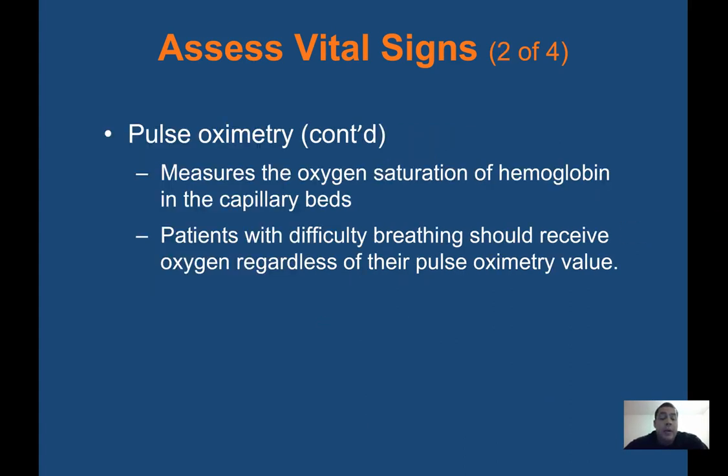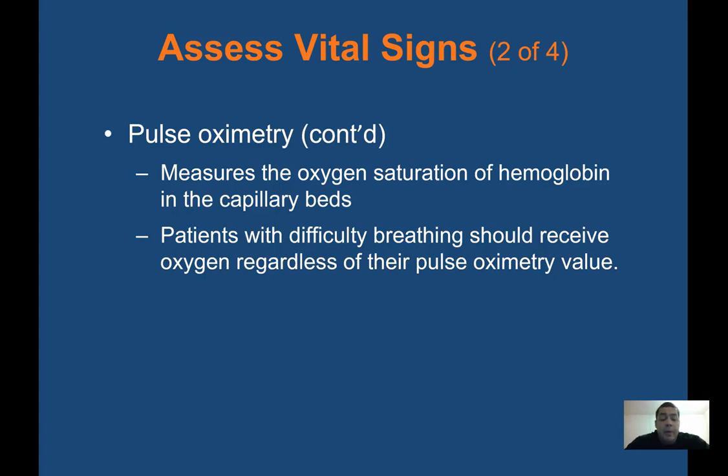Pulse oximetry measures the oxygen saturation of hemoglobin in the capillary beds. Patients with difficulty breathing should receive oxygen regardless of their pulse oximetry value. So, no matter what, you have to give patients oxygen if they're having difficulty breathing.